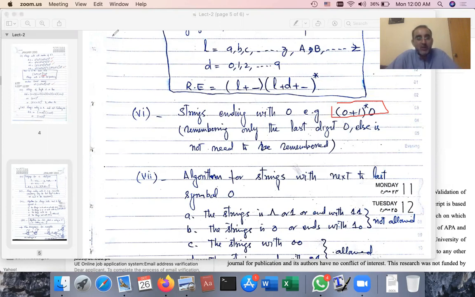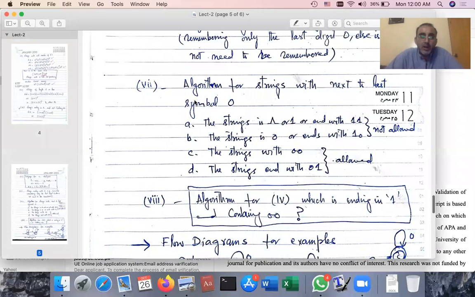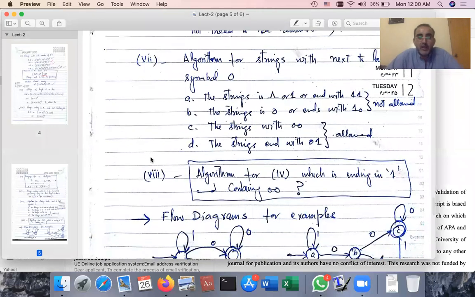Now moving on, just clear the drawings. Clear the annotation. Now this 7 and 8, in this example, I am asking you to write the algorithm for some language.